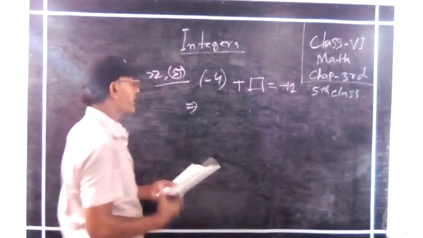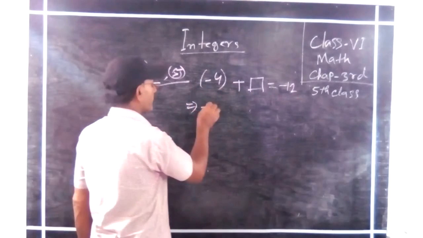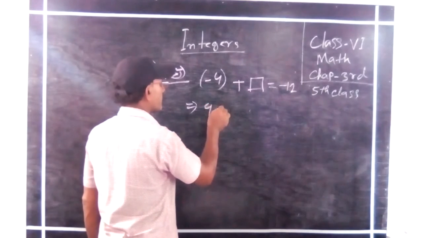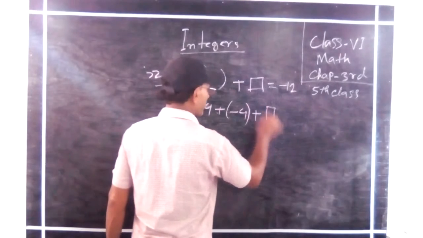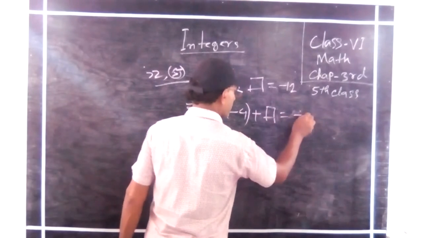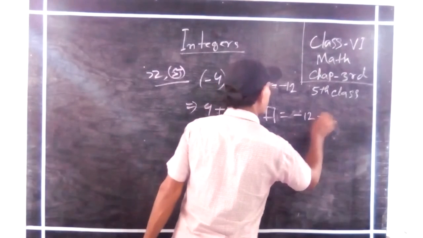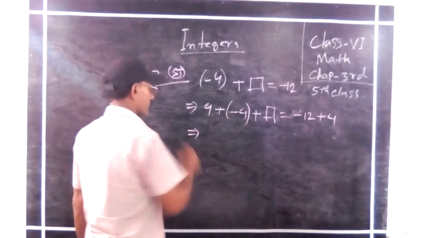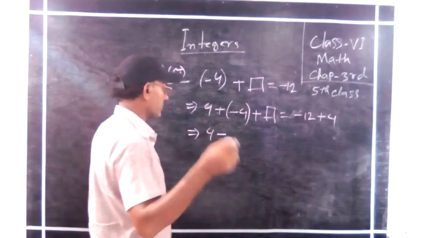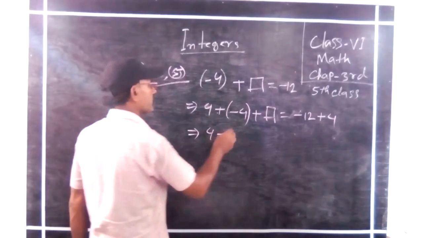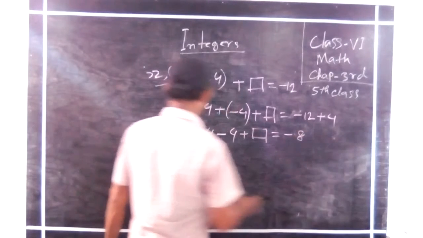So if we remove it, we can use plus 4 on both sides. Plus 4, minus 4 plus empty cell equal to minus 12, and again on the right side we can use plus 4. Minus 4 plus empty cell equal minus 8.